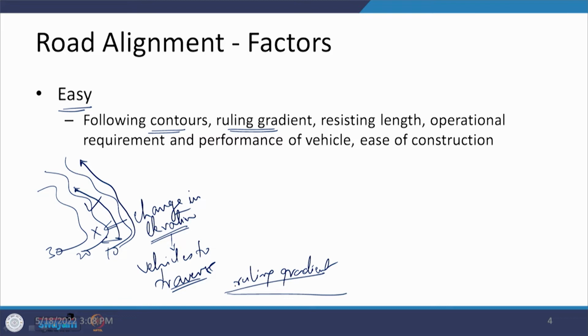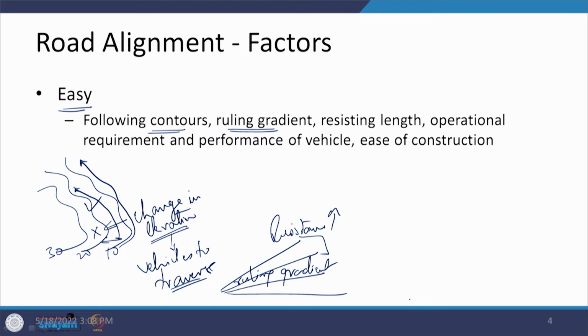If anything goes beyond this, like this or this, then the resistance increases a lot, and the vehicles may not be able to traverse it continuously for a long distance. Either we have to reduce their distances with these types of gradients, or we have to provide some other mechanism so that the vehicles can get the power again and then traverse another such gradient which is coming along the route.